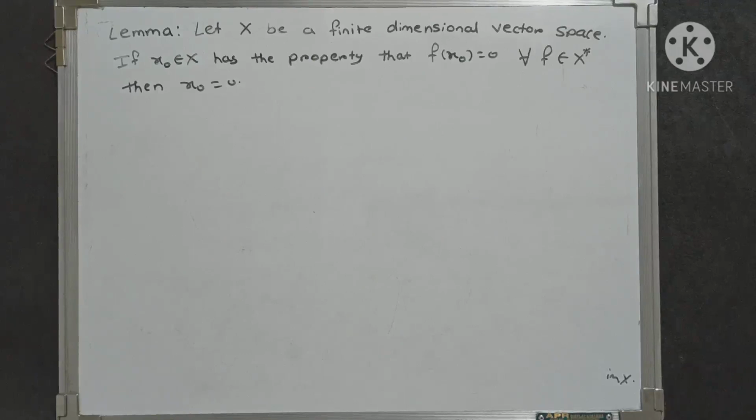That means if for any element of X star its image equals 0, then the vector must equal 0. This is the lemma. Now in the proof, we are given that capital X is a finite dimensional vector space.